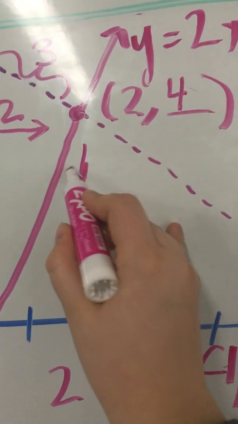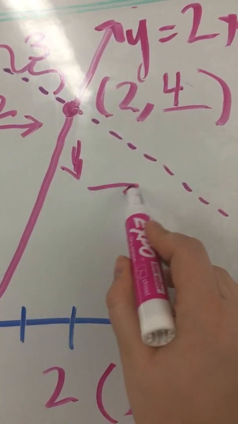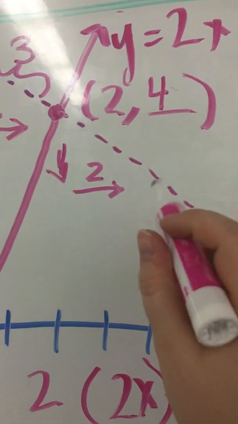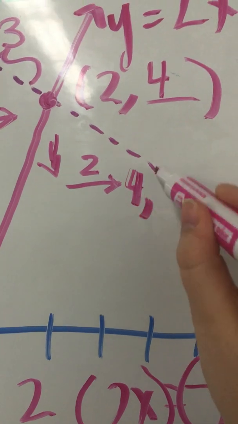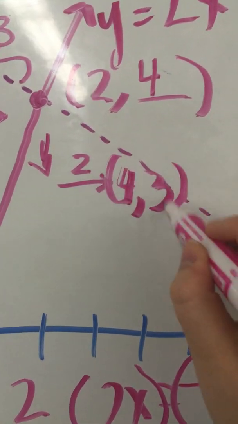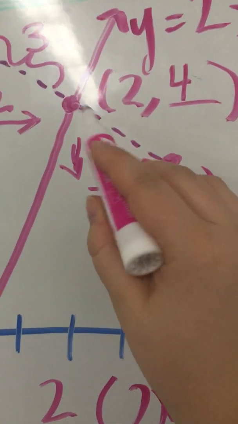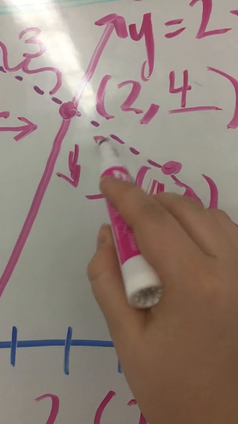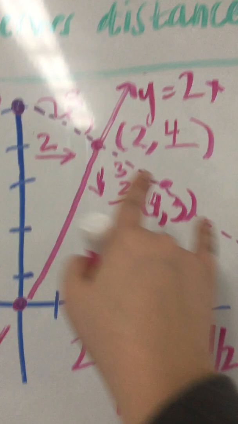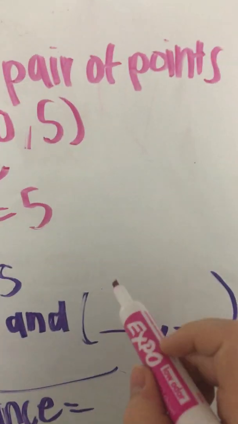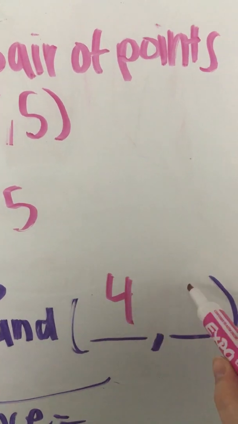So we're going down 1 and over 2, which is going to end us at (4, 3). As this point here, that's reflected. And again, this is going to be 3, so we know that that is it because it is the same distance. So now we know that our reflected point is (4, 3).